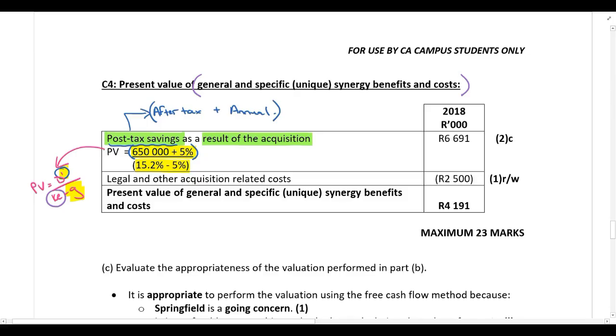So again, I'm just assuming the inflation rate is my constant growth in perpetuity. All right, and if I include the future expected post-tax savings in my calculation, that will give me a present value today. So that is the present value today at the 31st of December 2018.